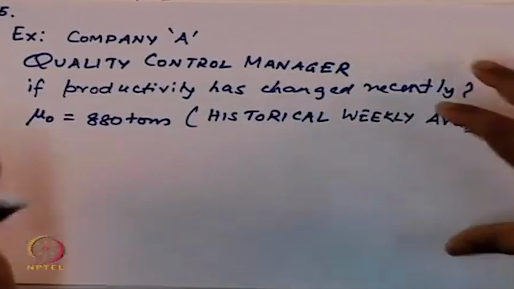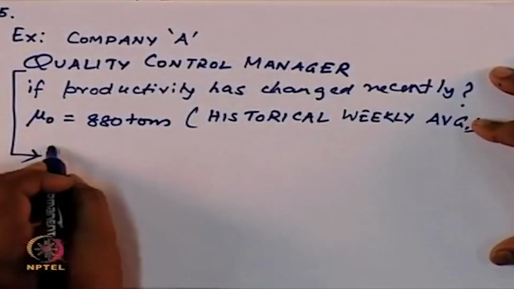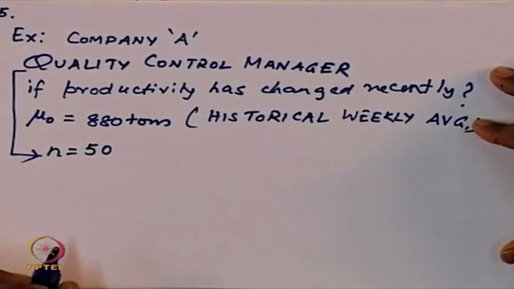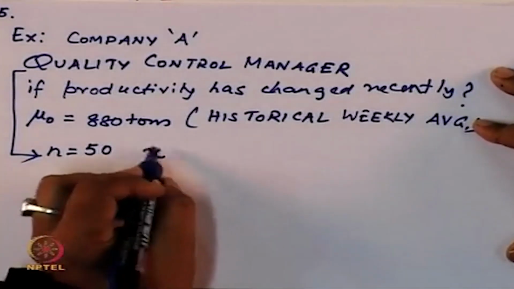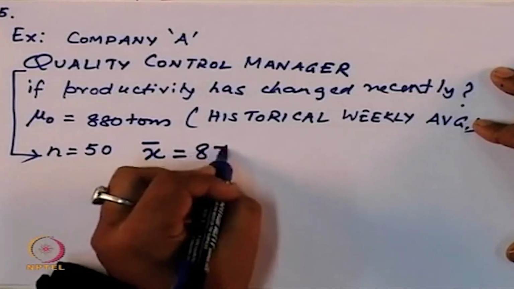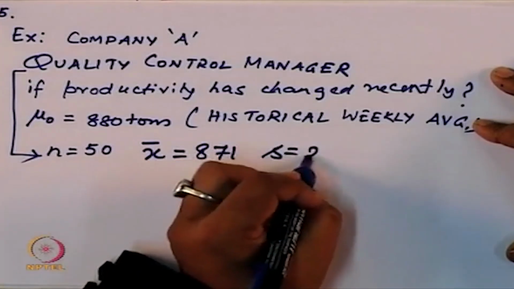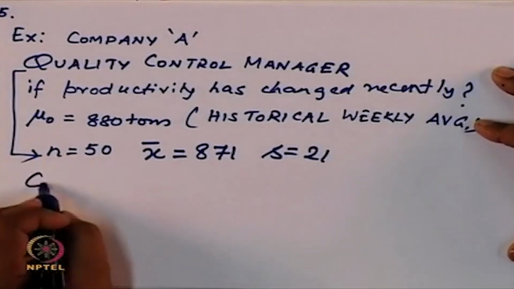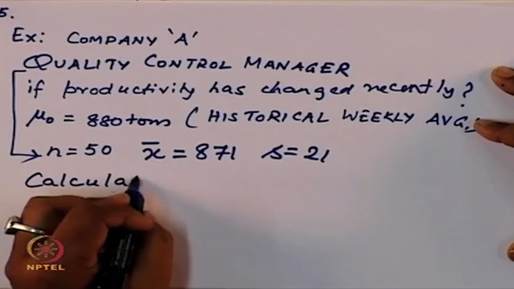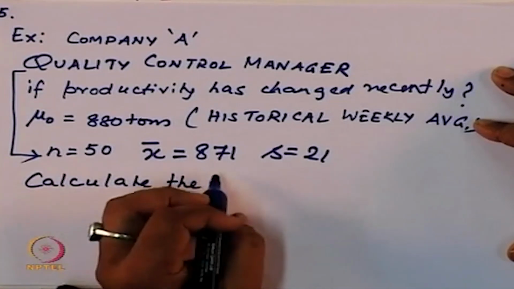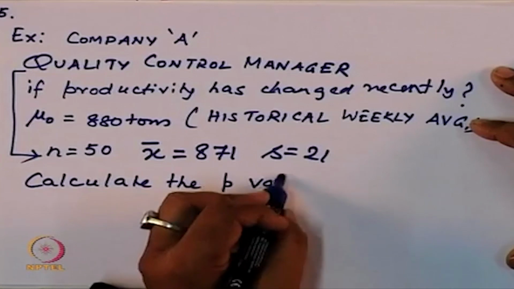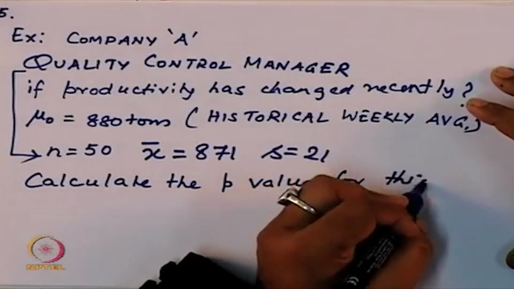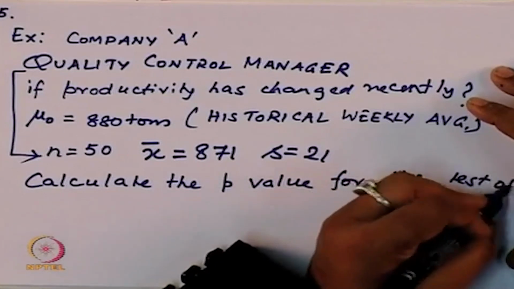The quality control manager draws a sample of 50 products, and for this he calculates x bar as 871 and S as 21. We want to calculate the p value for this test of hypothesis.